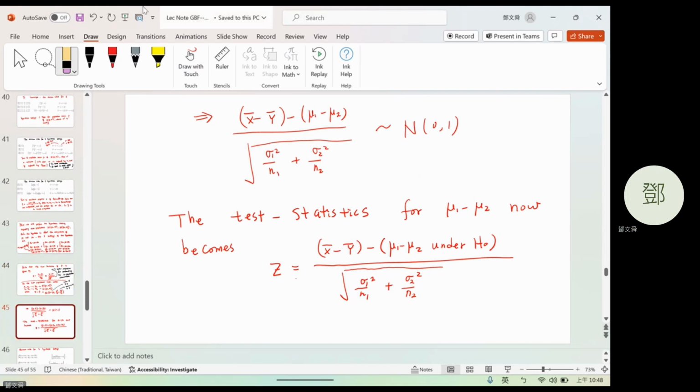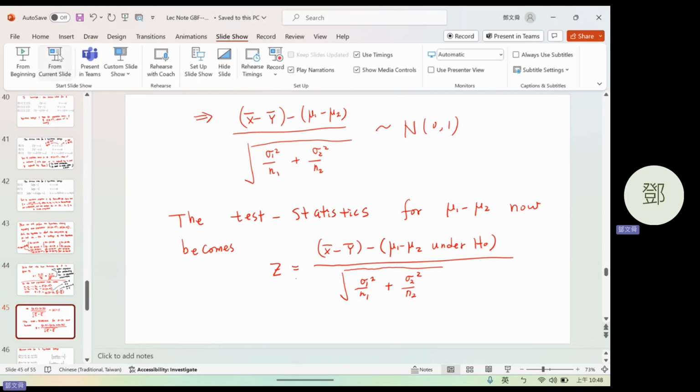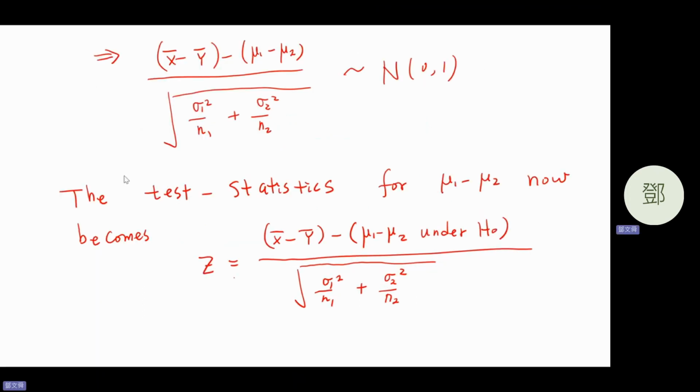So the test statistic here is to standardize x bar minus y bar. And here, the mean value mu1 minus mu2 is the value under the null hypothesis, right?